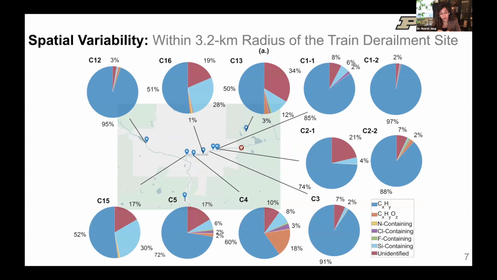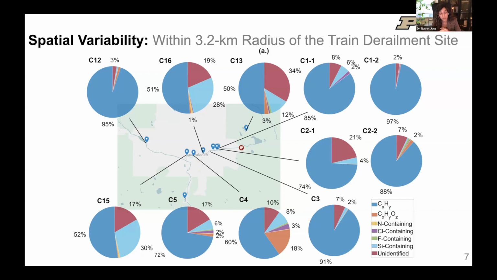Here it gives you more understanding, showing the spatial variation in the chemical composition of samples that were taken within the 3.2 kilometer radius of the train derailment site. What we see here is that hydrocarbons dominated the chemical composition of all surface water samples, contributing around 50% to 97% of the total VOC mass concentration detected in the headspace air.